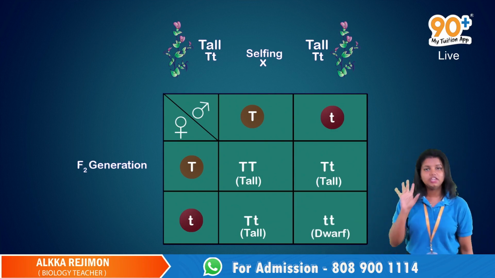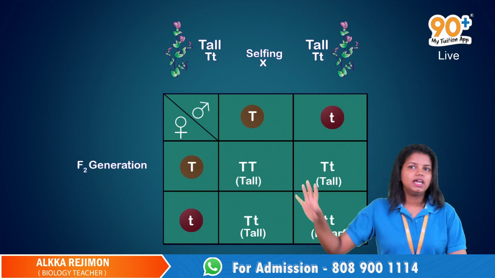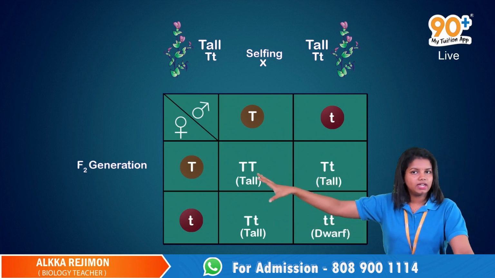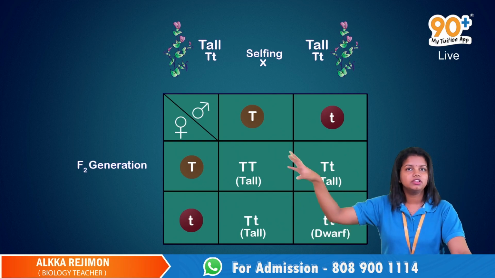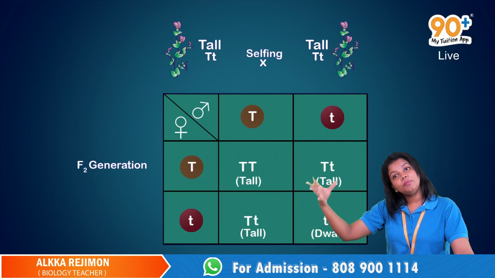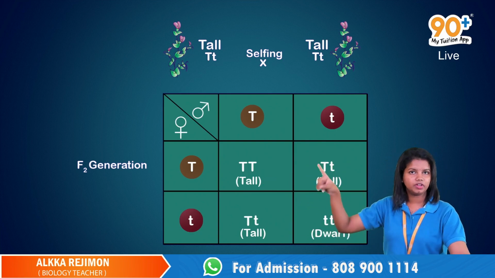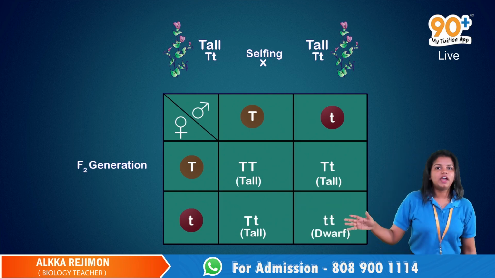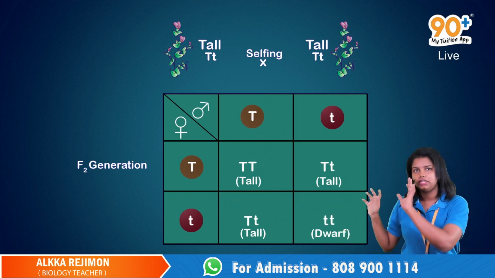So here you can see the result of monohybrid cross, that is one tall plant with the dominating feature, a tall plant with two dominating alleles. Then a tall plant with only one dominating allele, which is of two types, right? Two types. And then finally a dwarf plant which is small t.